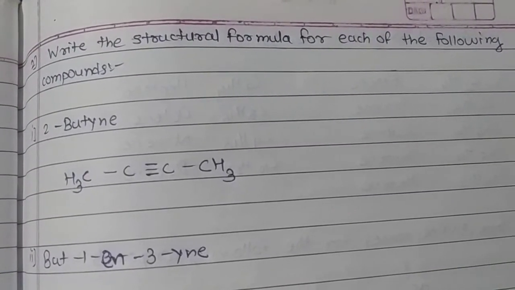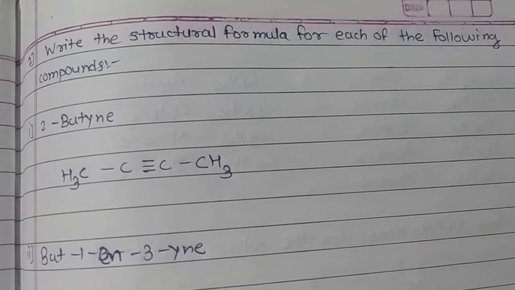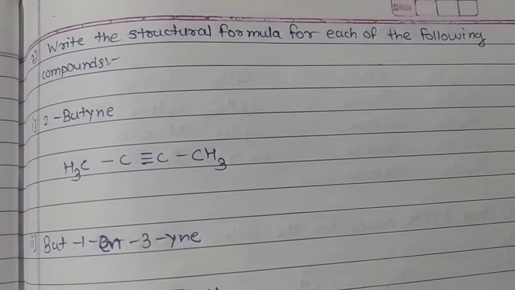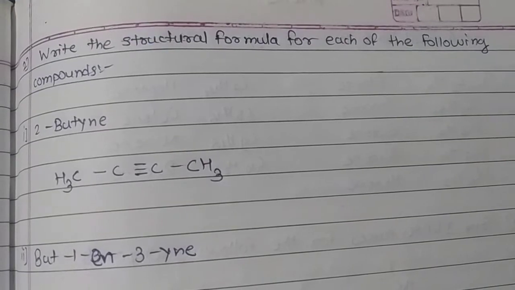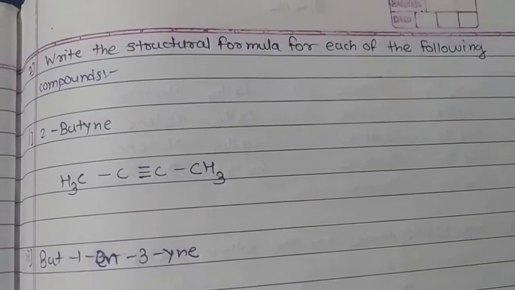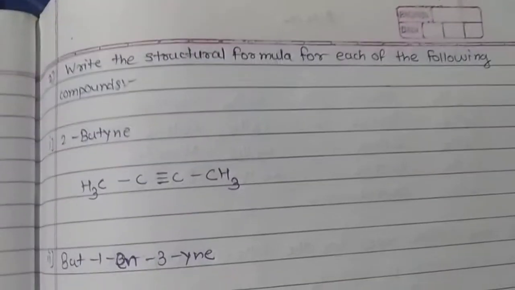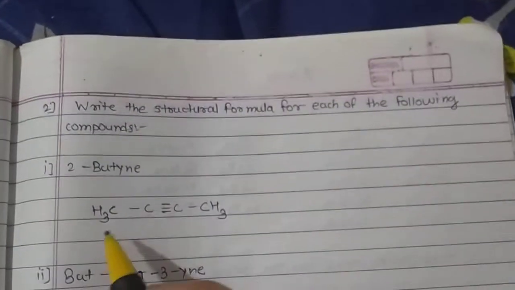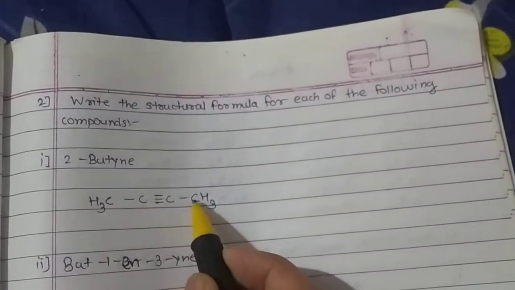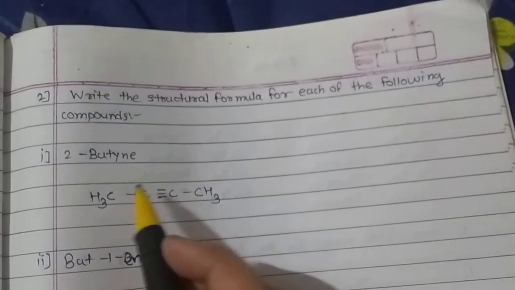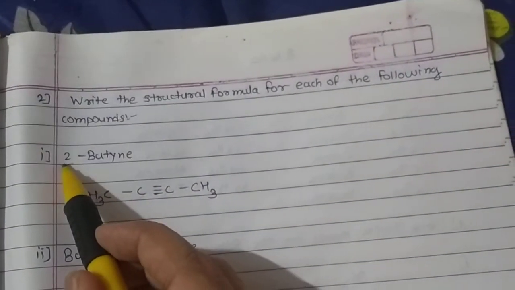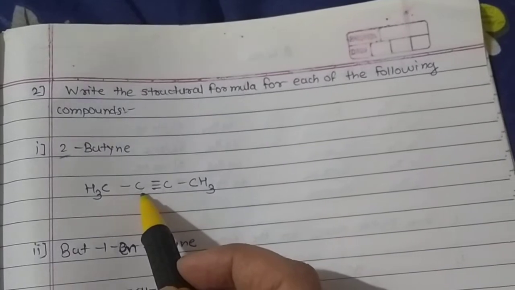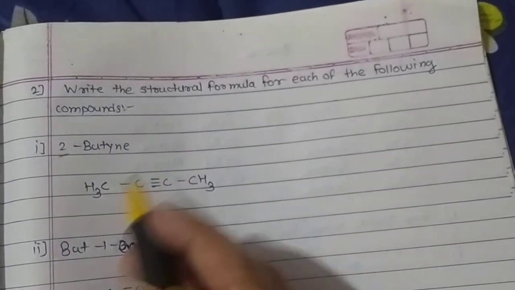So in this question the name is given and we have to write down the structure. So let's start with the first, that is 2-butyne. First draw 4 carbons, 1, 2, 3, 4 for butane, and the triple bond is at second position, so it is in between second and third carbon.